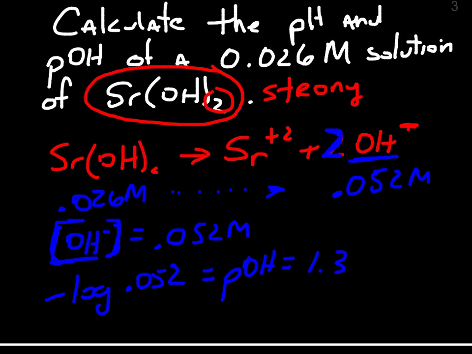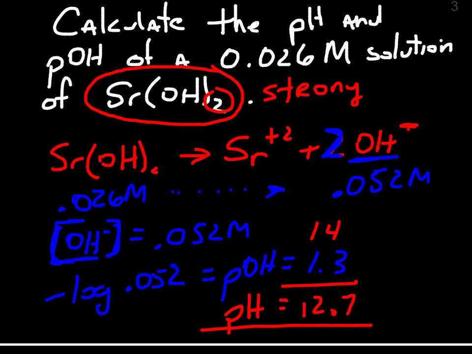I subtract that from 14, and that's going to give me a pH equal to 12.7. And yeah, the pH should be on the basic side, which it is, because I threw in a whole slug of base.